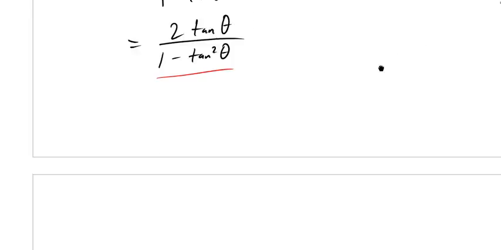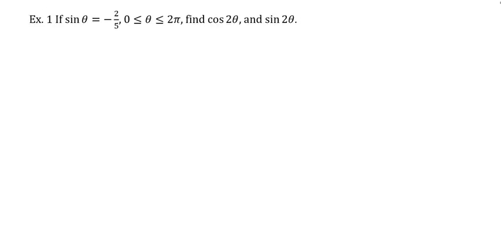Okay, let's take a look at a couple of examples. This is one that pops up in the textbook. If sine theta equals negative 2 over 5, find cos 2 theta and sine 2 theta.